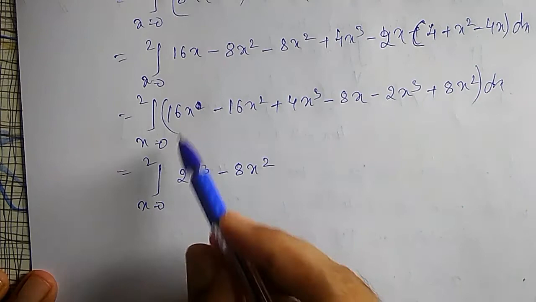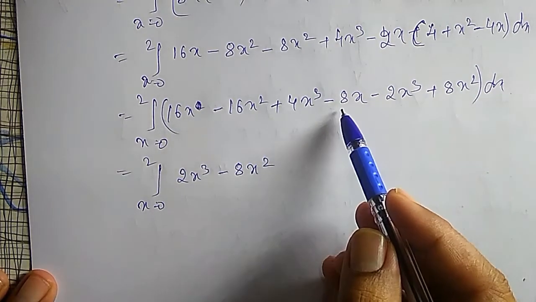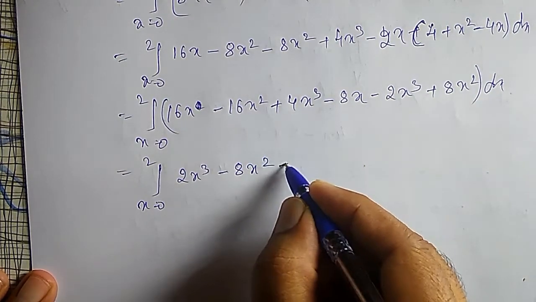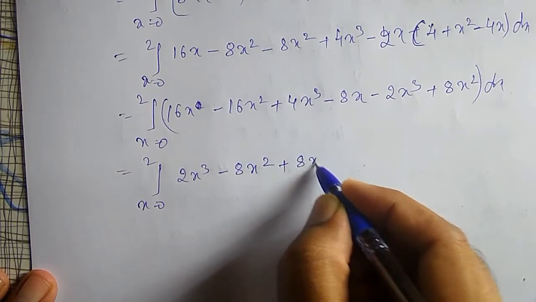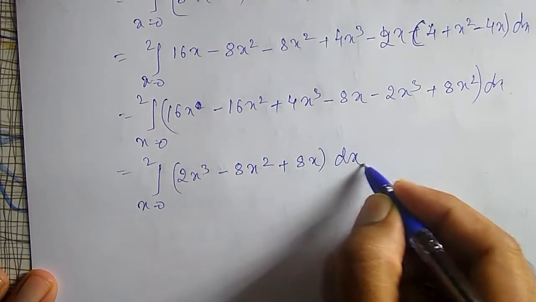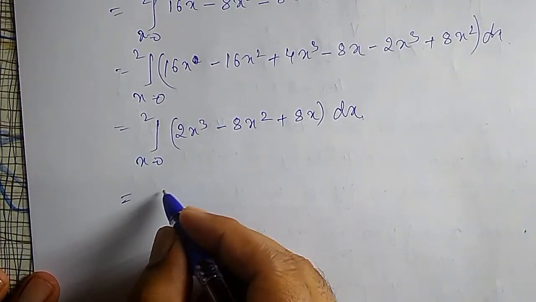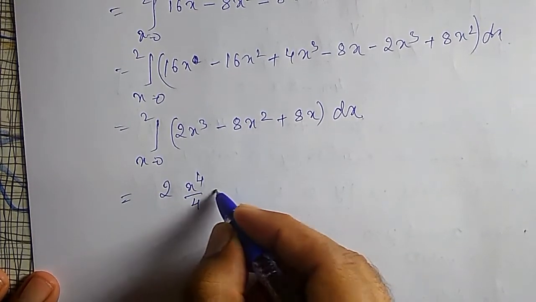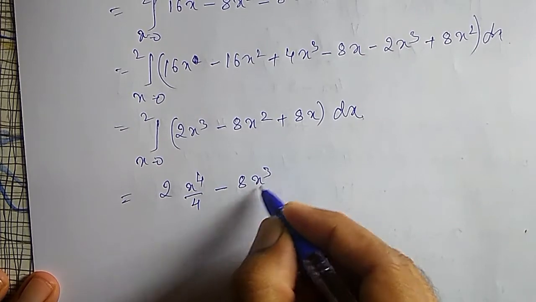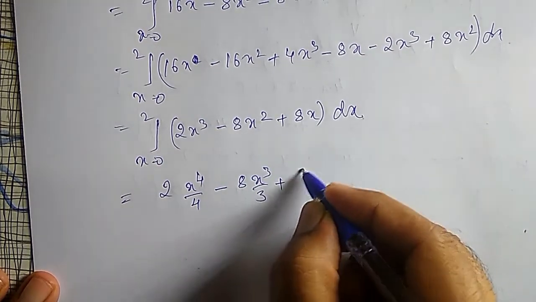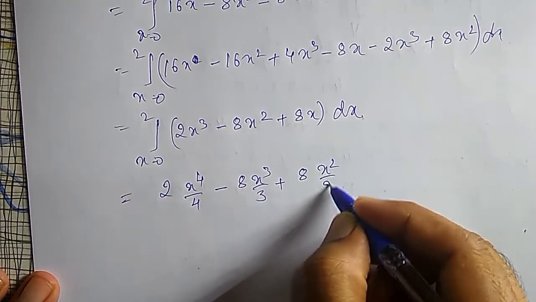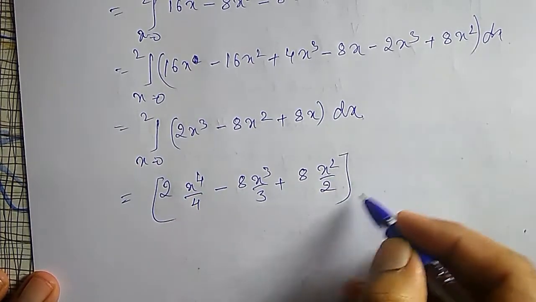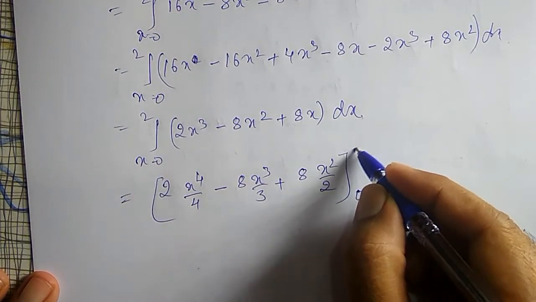Then x containing terms: 16x minus 8x will become plus 8x, into dx. This is integrable, that is 2 into x raised to 4 divided by 4, minus 8 into x cube divided by 3, plus 8 into x square divided by 2, between the limits 0 to 2.